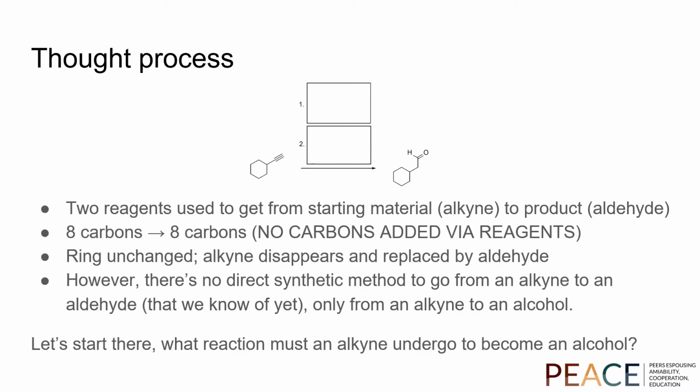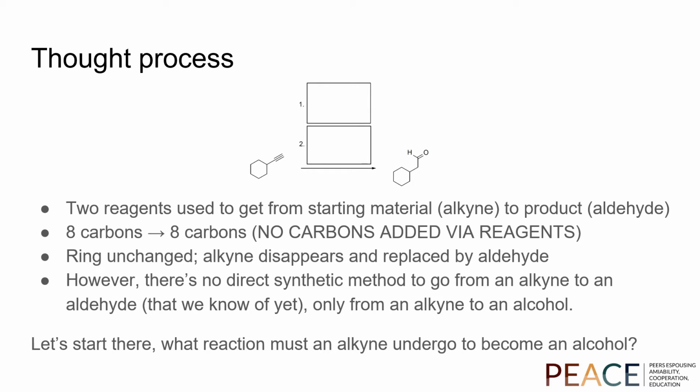So first off, looking at this problem, we want to employ those strategies we saw 2 slides before. First, analyzing the starting material and the product and the differences between the two. So on first glance, we notice that we are going from an alkyne to an aldehyde, and that the starting material contains 8 carbons and our product contains 8 carbons.